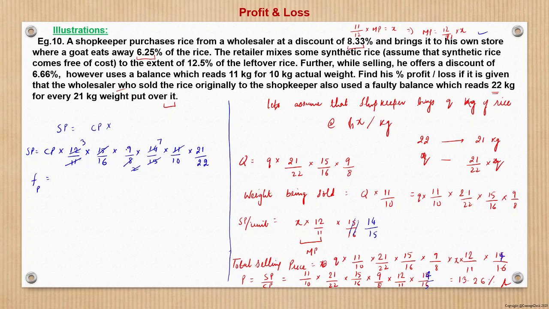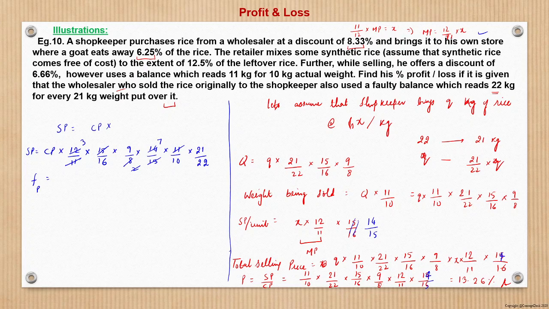So what remains is 3 into 9 into 7 into 21 divided by 16 divided by 10 divided by 22.